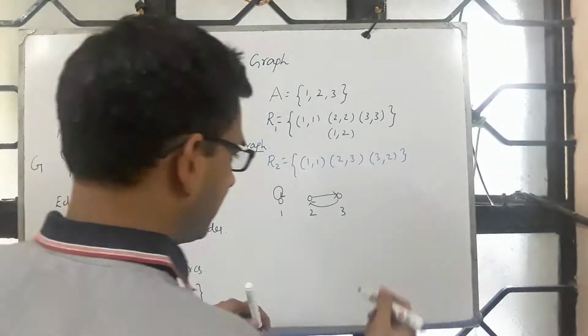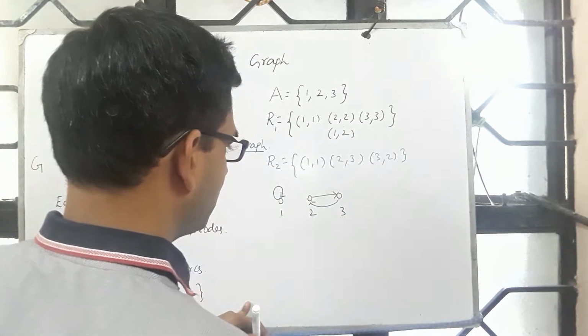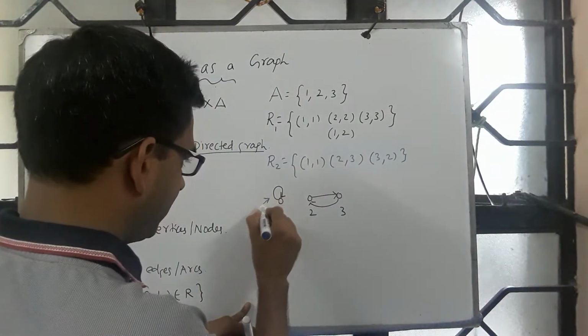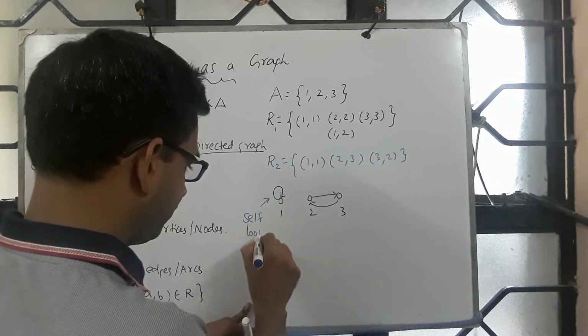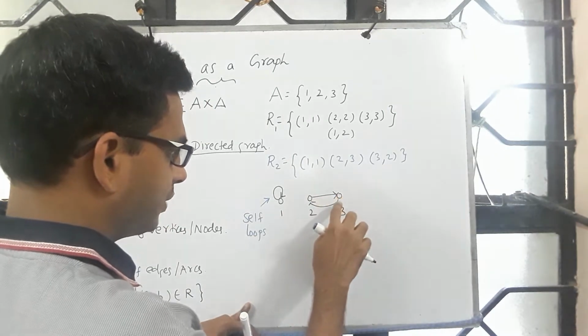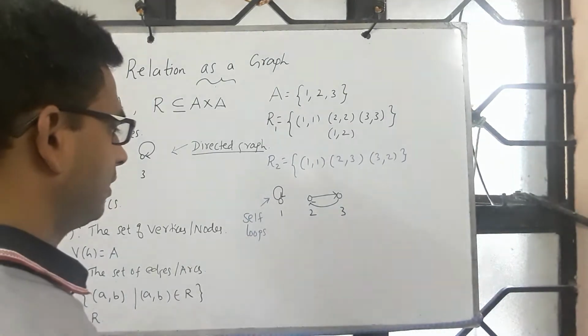Note that the graph we draw consists of edges of this type, which we call self loops, and there are normal edges like 2 to 3 and 3 to 2. Fine.